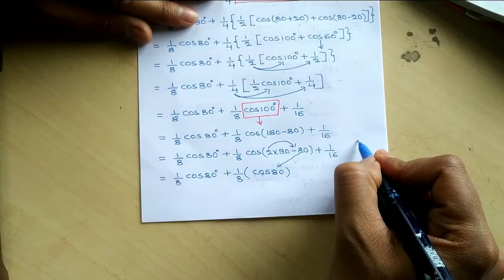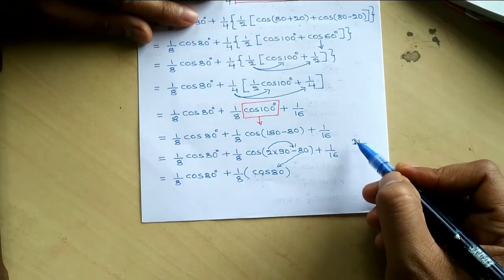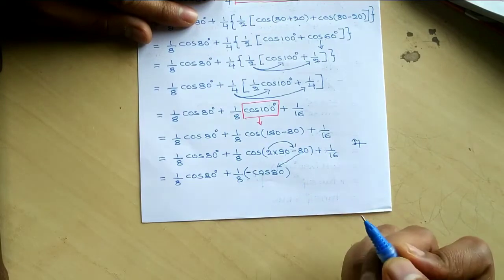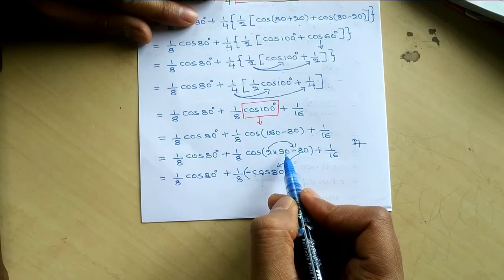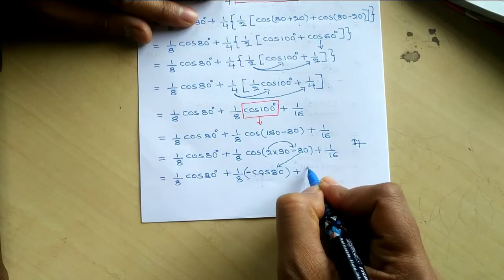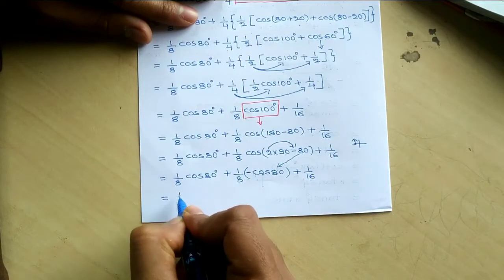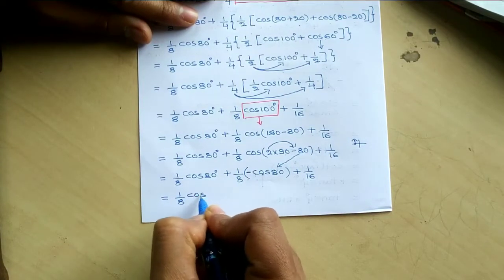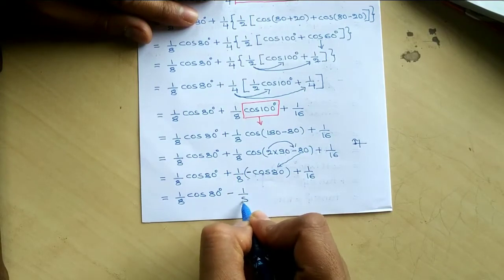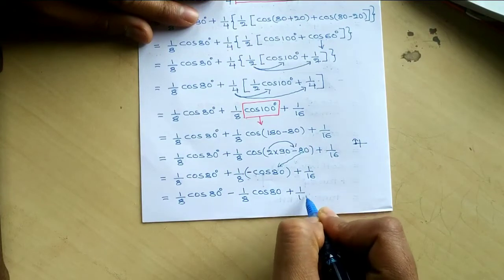So next, here 2 minus is there. If I draw here plus 0, 1, 2 minus means which quadrant here? Second quadrant. You know, in second quadrant cos is which sign here? Negative sign. So cos 2 into 90 minus 80 value is minus cos 80 plus 1 divided by 16. Keep it as it is. So next, 1 upon 8 into cos 80 degree plus into minus is minus 1 upon 8 into cos 80 plus 1 divided by 16.